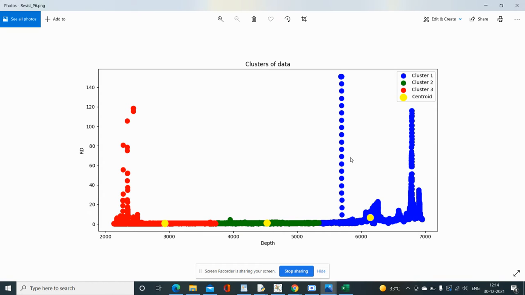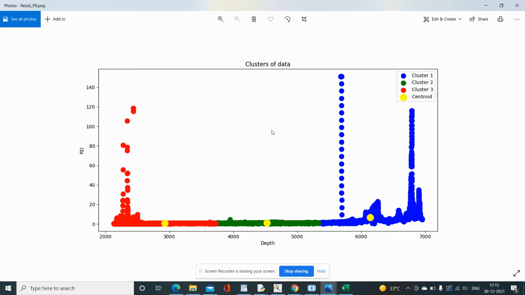These clusters are based on the similarities among the data points, meaning that the cluster one data points are similar in their behavior or in their features, and cluster two is entirely different from cluster three and cluster one.